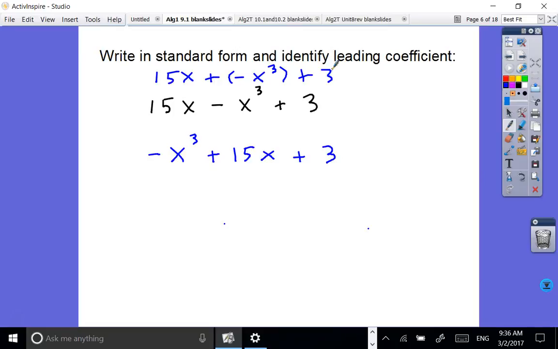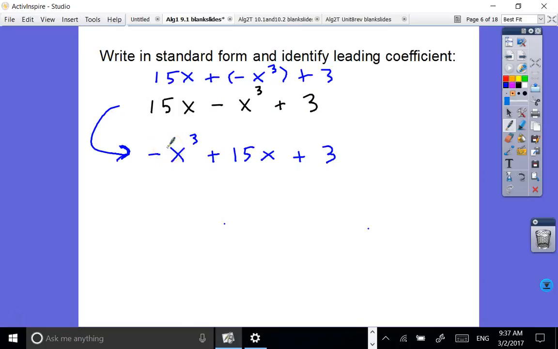Now, what's the leading coefficient? Because we rearranged it. Writing in standard form means rearrange it. Ultimately, what did we do to go from the first line to this one? We switched the order of 2 terms.